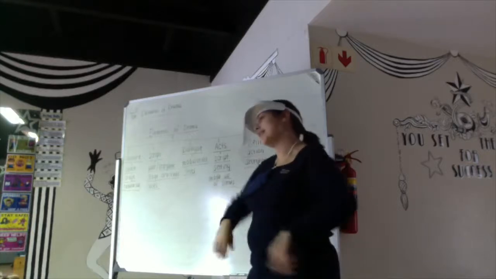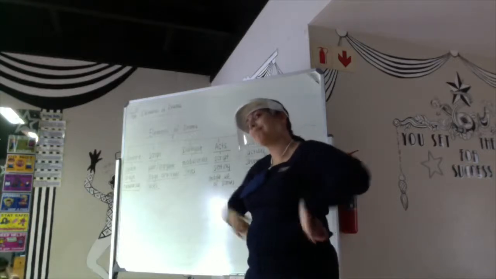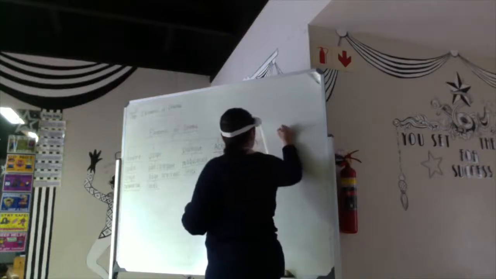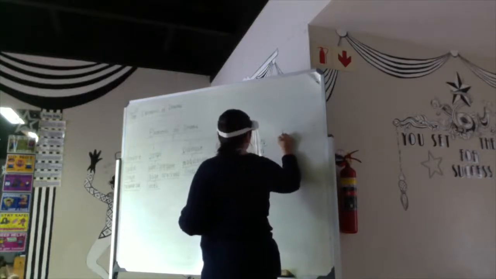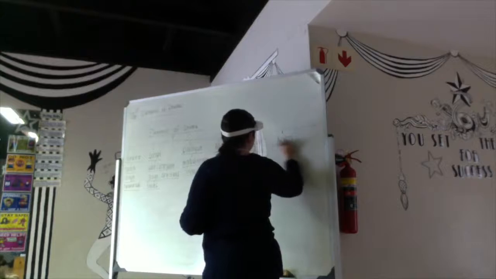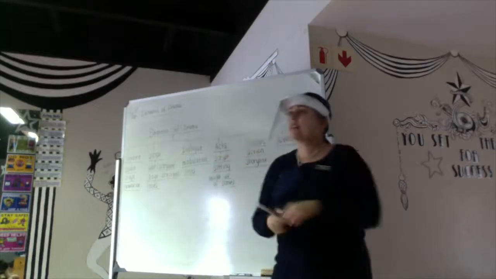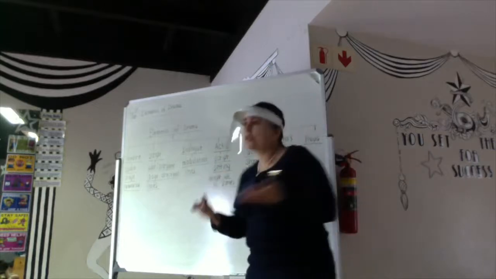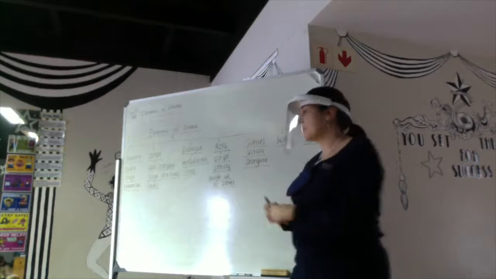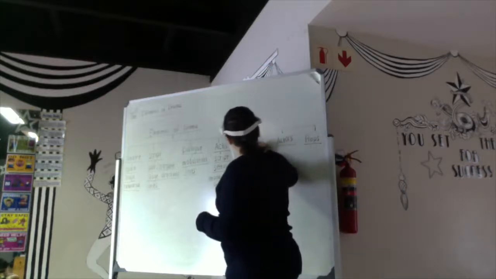The first one is your actors. And props. Yes. And the last one is props. Okay. Actors is pretty straightforward. It is your people in the play. They become characters.